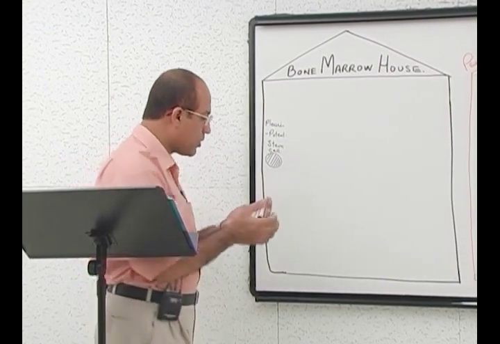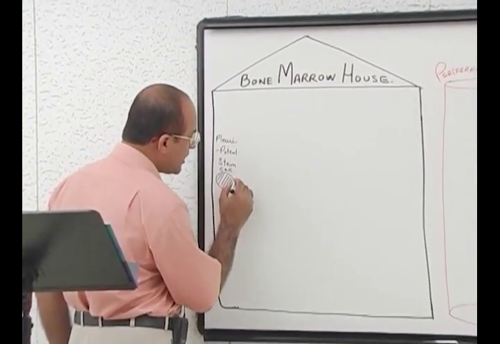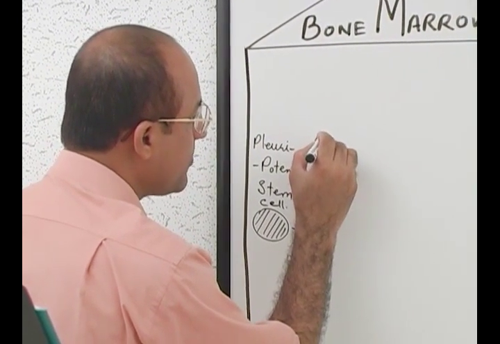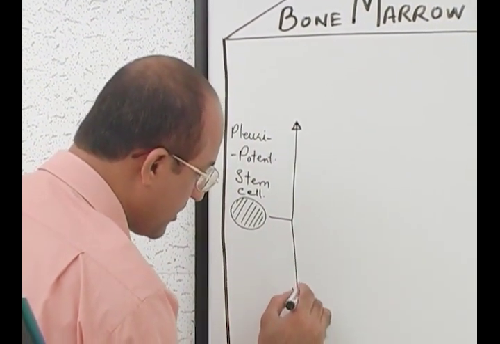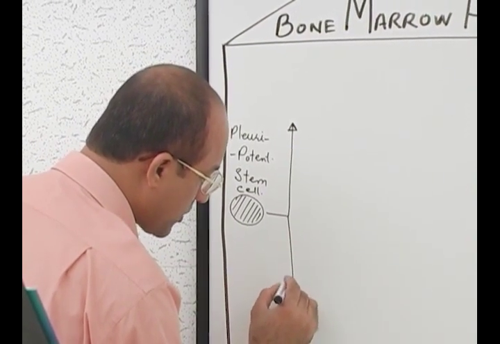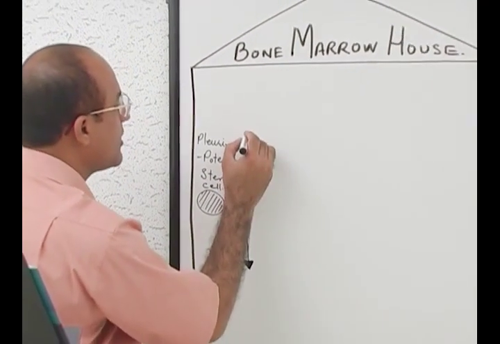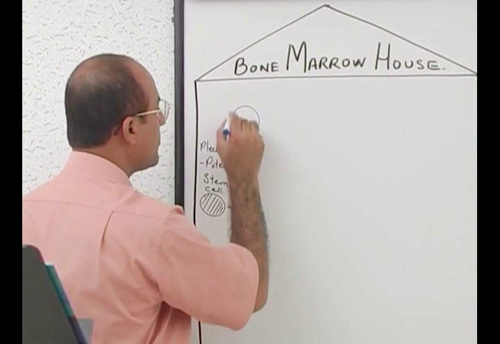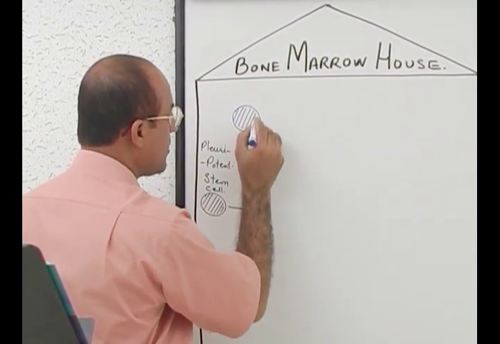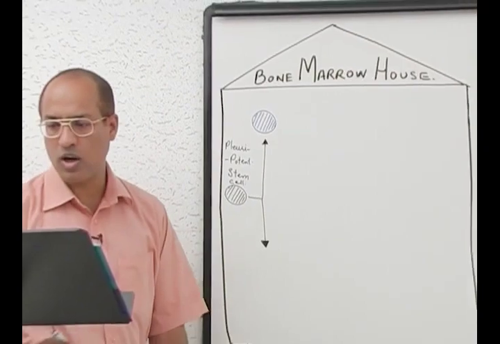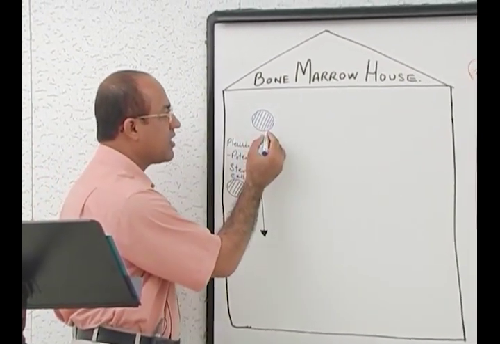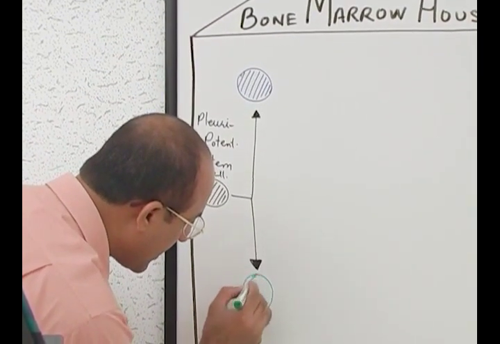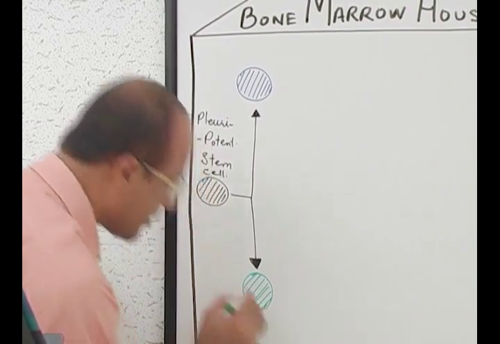Now, this pluripotent stem cell basically divides into two different types of cells, right? These two different cells resulting from pluripotent stem cell: one is related with the lymphoid lineage, also called multipotent stem cell related with the lymphoid system, and this is multipotent stem cell related with the myeloid system, right?